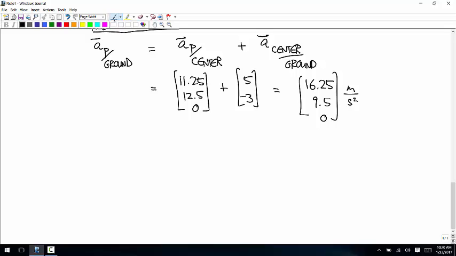Why would you care about that? Why not just, what would be wrong with just using the acceleration of P relative to the center of the Ferris wheel if you needed the acceleration? It's actually more important than that even, because Newton's laws only work if you're dealing with an inertial coordinate system.